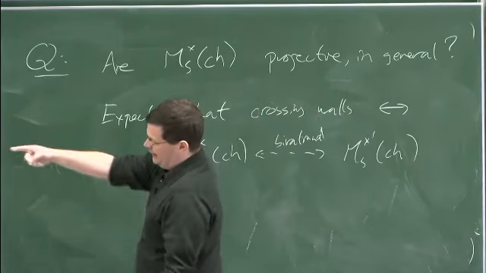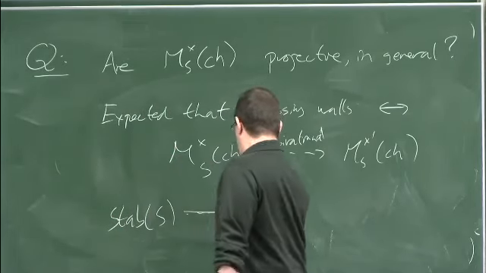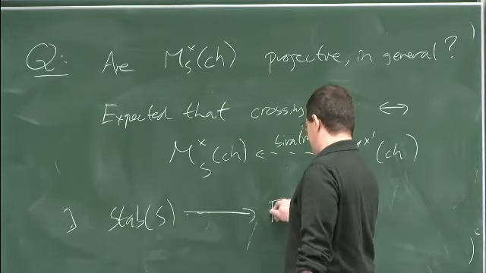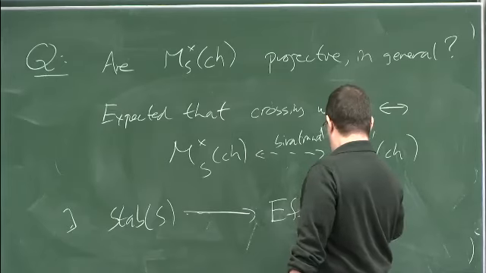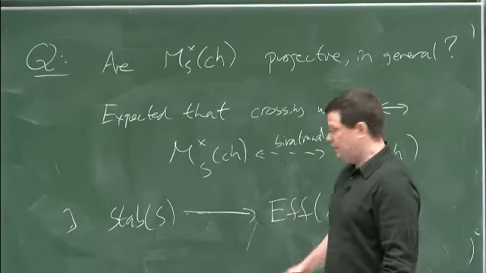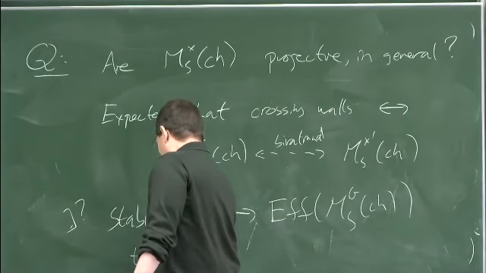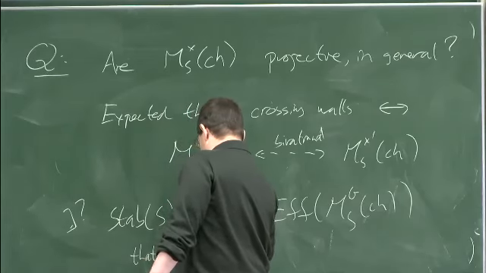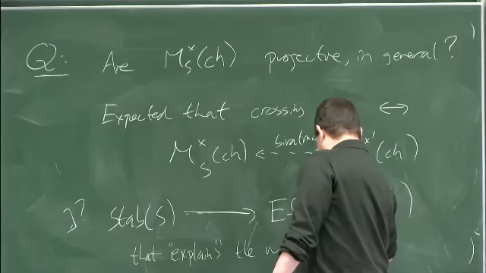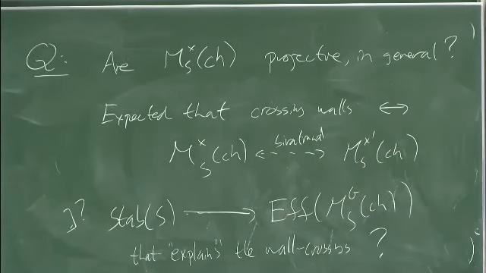In fact, let's be as audacious as possible and ask, is there a map from the stability manifold of S to, let's say, the effective cone of the moduli of Gieseker stable sheaves, that explains all the wall crossings? That would be really nice. That would be the nicest picture you could get, I guess.